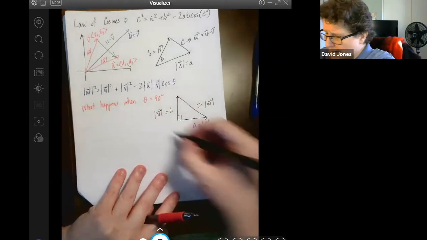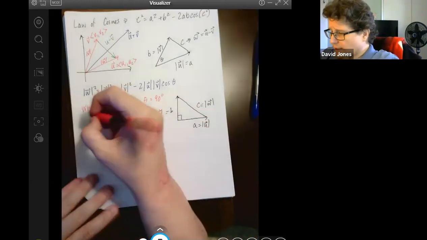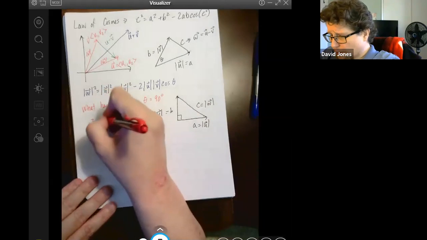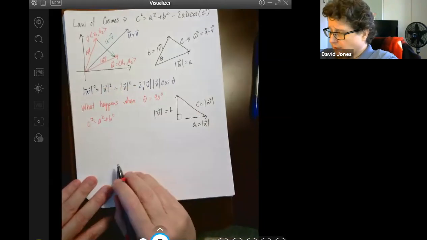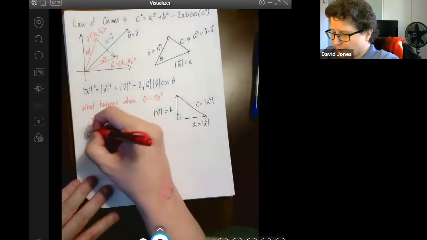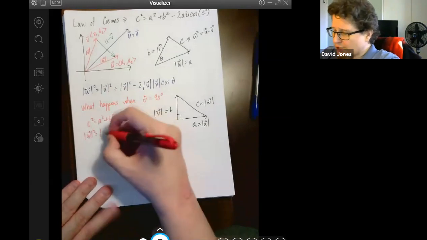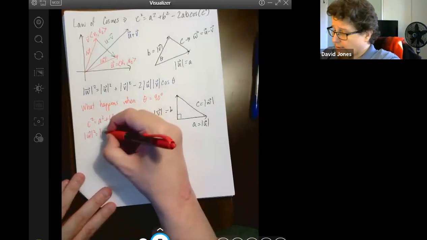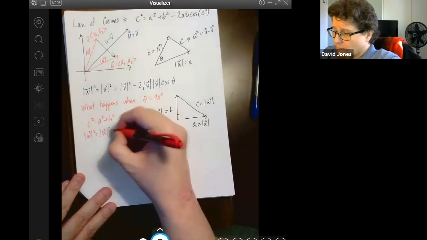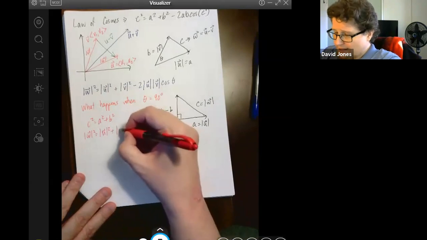Well, when that happens, c squared equals a squared plus b squared, which means magnitude of w squared equals magnitude of u squared plus magnitude of v squared.